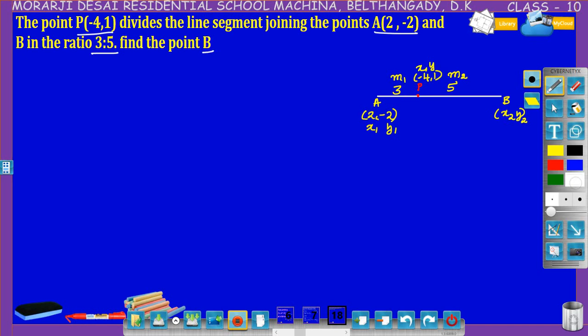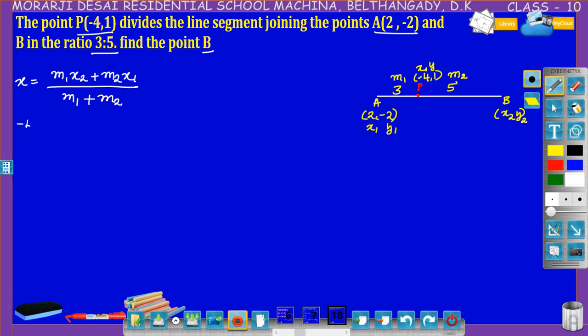Now the formula is x is equal to (m1 x2 plus m2 x1) divided by (m1 plus m2). Here the x coordinate of the point which divides is x is equal to minus 4.